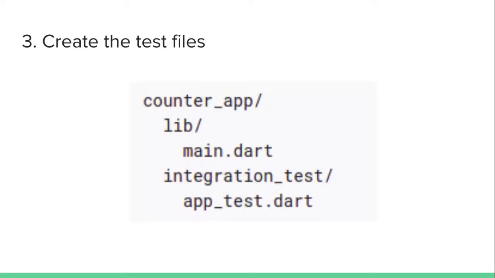After that, you can create the test files. Create a new directory called integration test with an empty app test file so that we can create our integration test cases in this file.